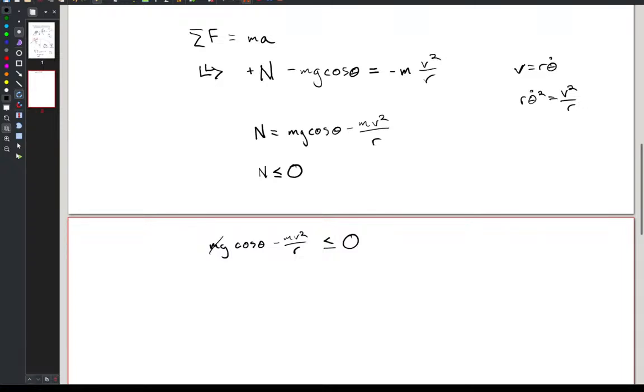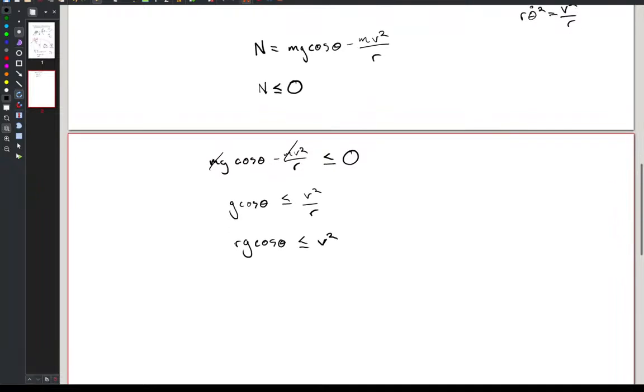So the m's cancel out. It doesn't matter how big the thing is. Something like this. What do I do with that cosine theta?